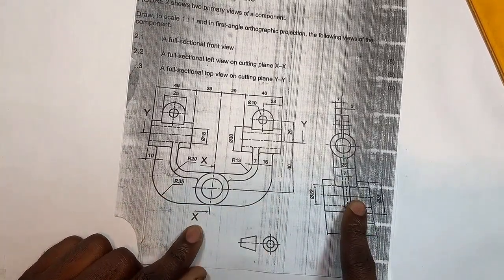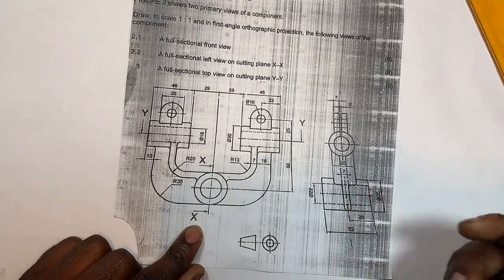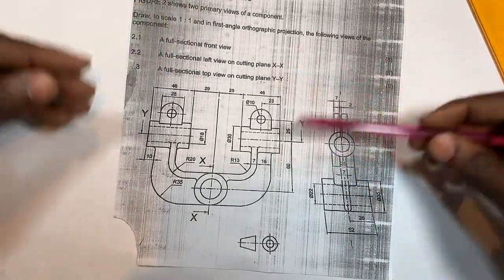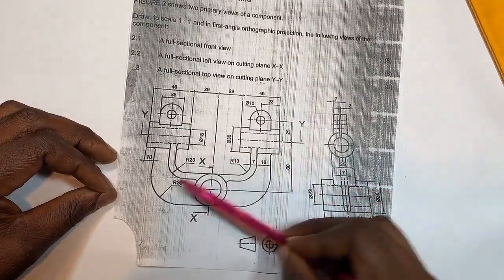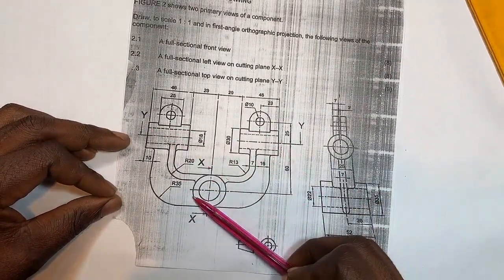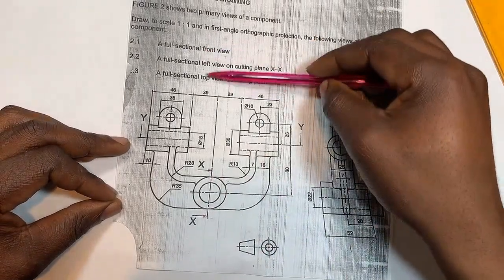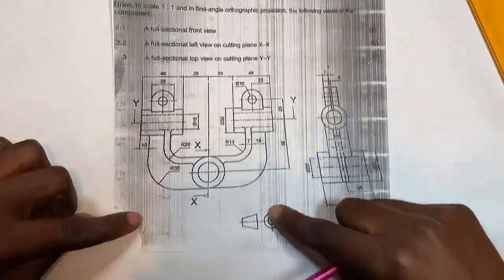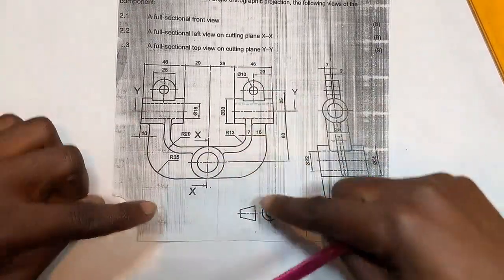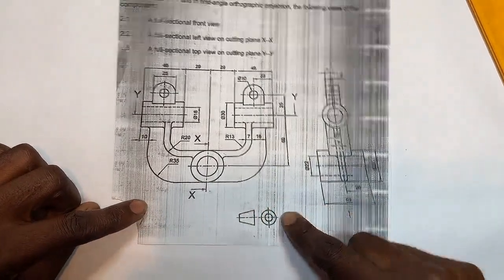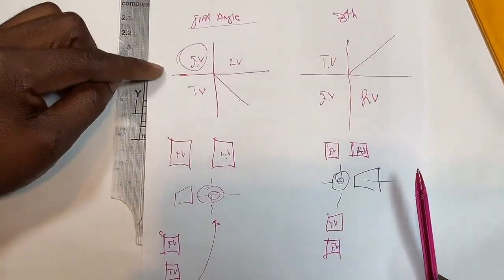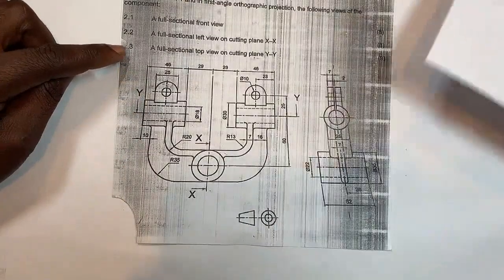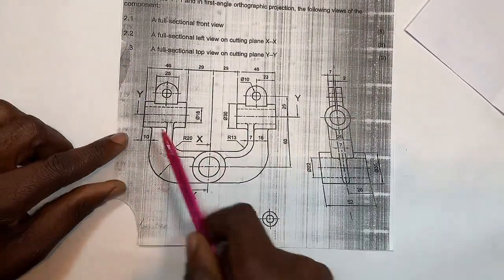That is why I normally say, when given views like these as well as cutting planes, we can interpret the question, because by looking at this YY, what is supposed to be under your front is your top. So basically the cutting plane YY talks about the full sectional of the top.